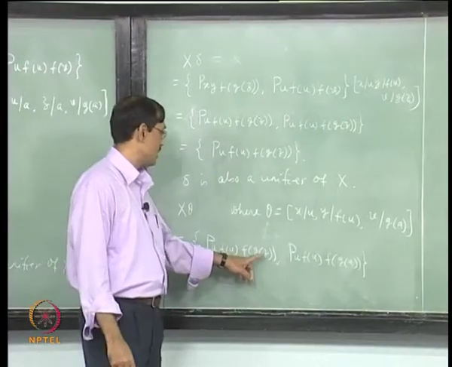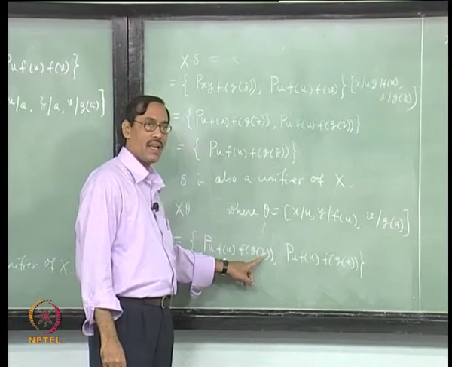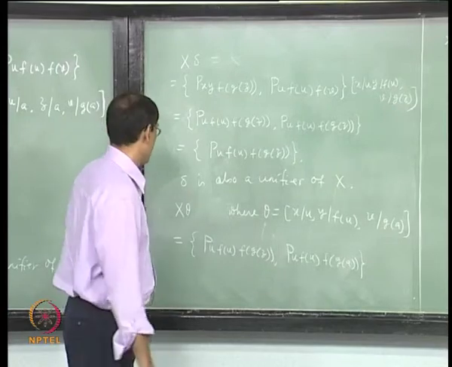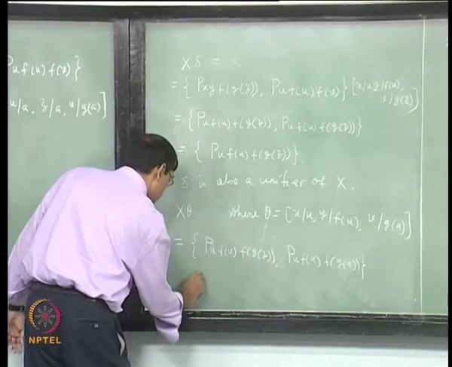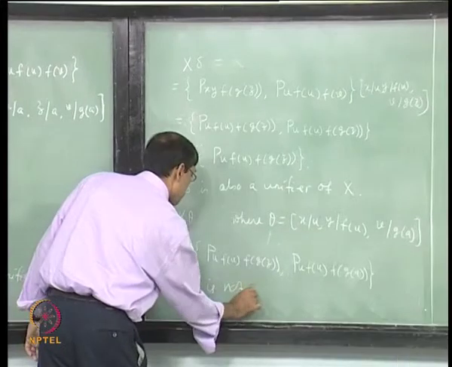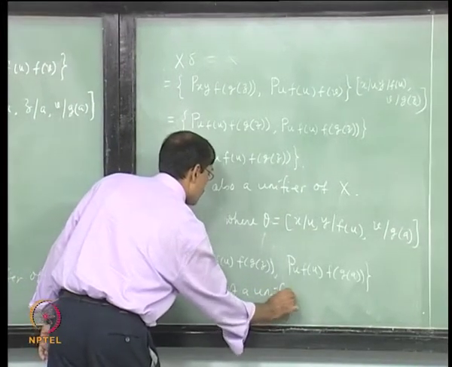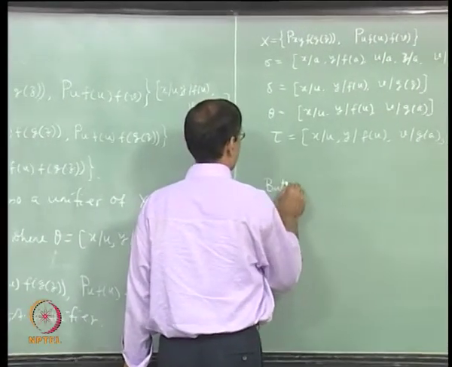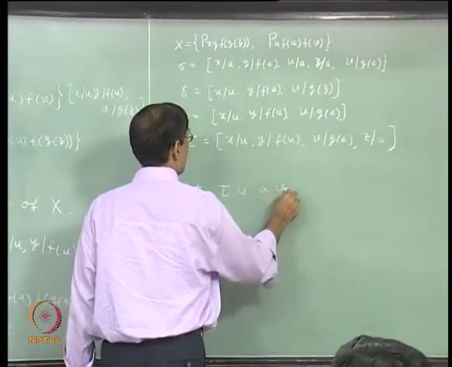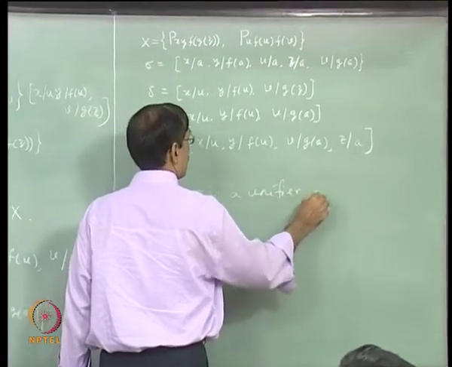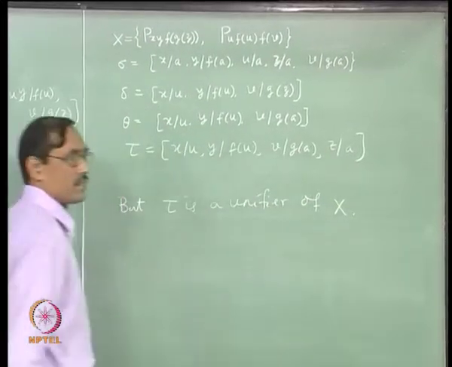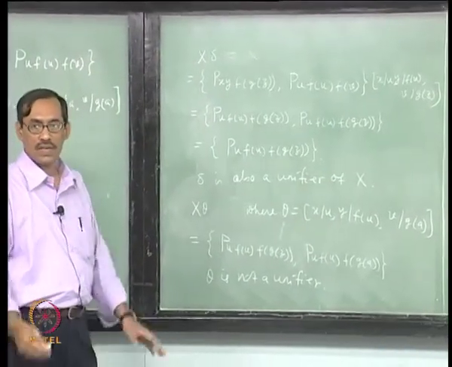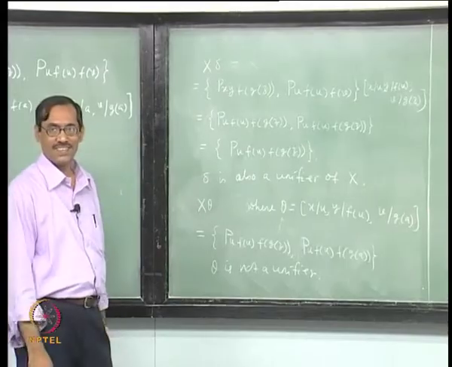Once you have z by a, this z becomes a, and that will unify. Is that clear? So this says theta is not a unifier, but tau is a unifier of the set. So unifiers are not unique, that is clear now.